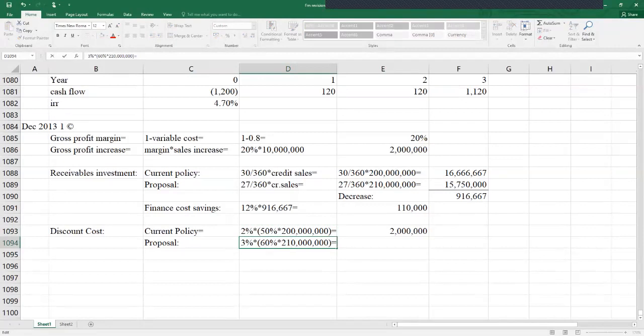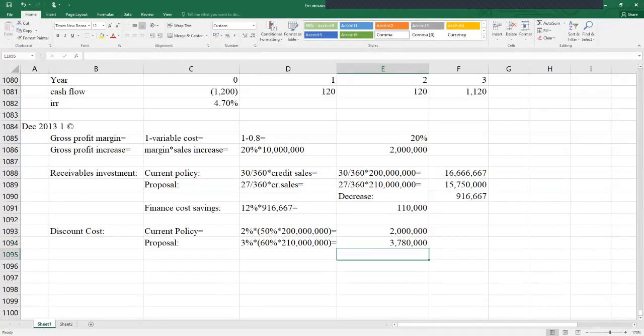Can you guess how much? 3.78 million. Okay, can we confirm that answer? Yes, 3.78 million. So you can see the discount you're going to give to your customer is increasing from 2 million to 3.78 million.